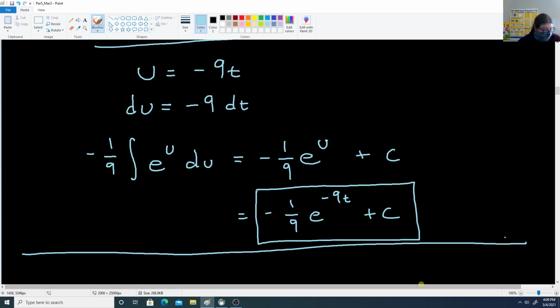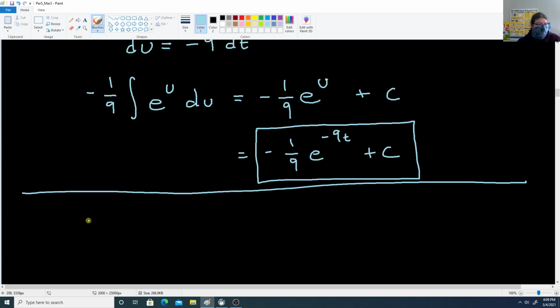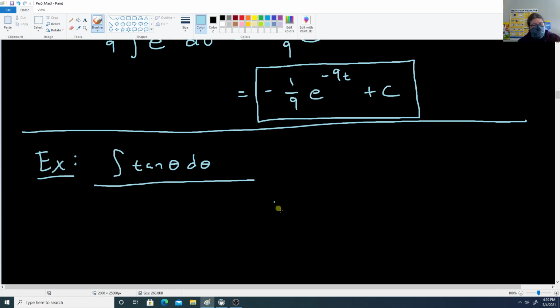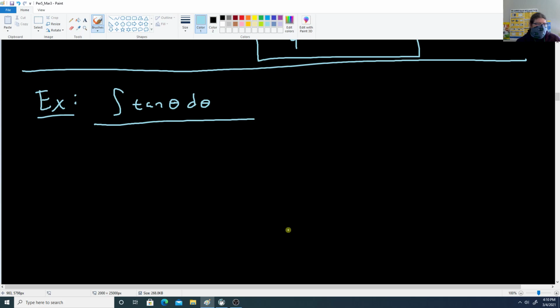Okay, got a couple other ones we need to look at, and then we'll see what happens when we have limits on our integrals. So for this example, they want us to take the integral of tangent of theta d theta. So at the moment, there's nothing really, we kind of get stuck.